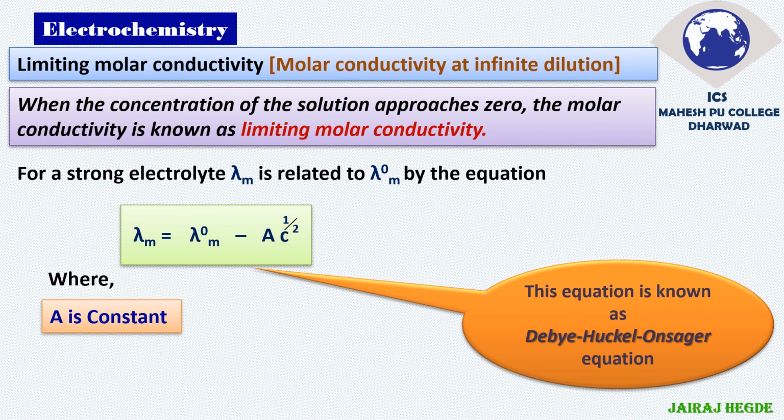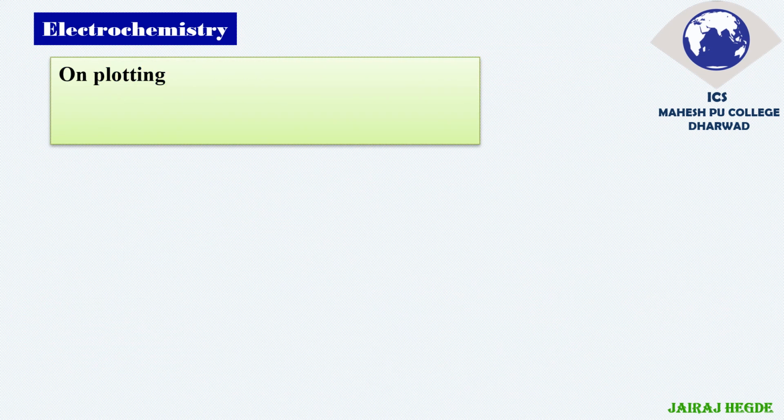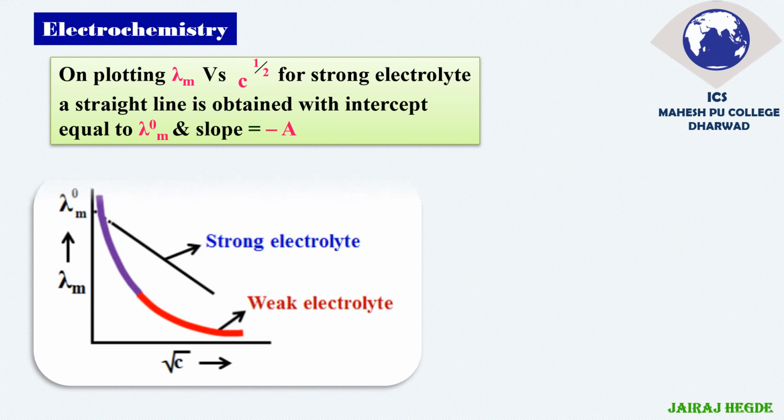Here I have discussed what is lambda m, what is lambda m naught, and what is A. A is a proportionality constant. We'll discuss exactly what it is later. If we plot lambda m versus root c, because lambda m is equal to lambda m naught minus A into root c, that is in the form of y equals mx plus c for a strong electrolyte.